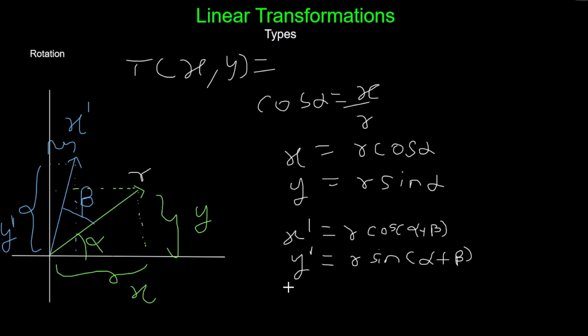If we expand these two, we will get r cos alpha cos beta minus sine alpha sine beta.